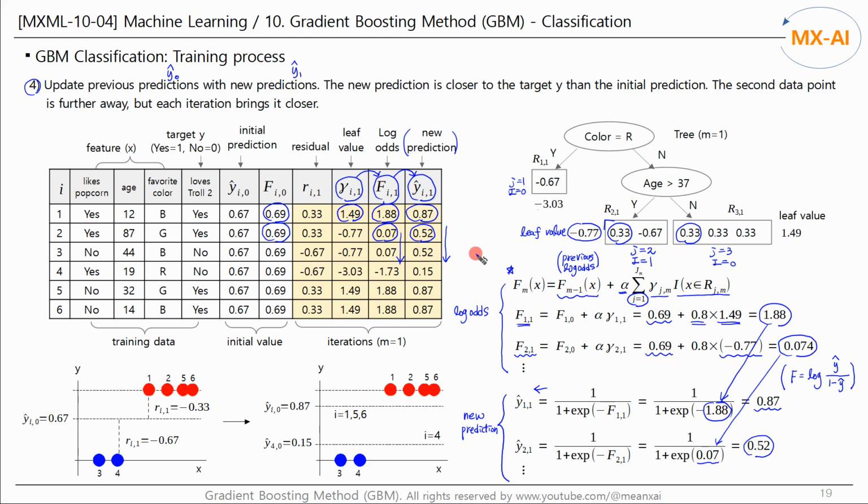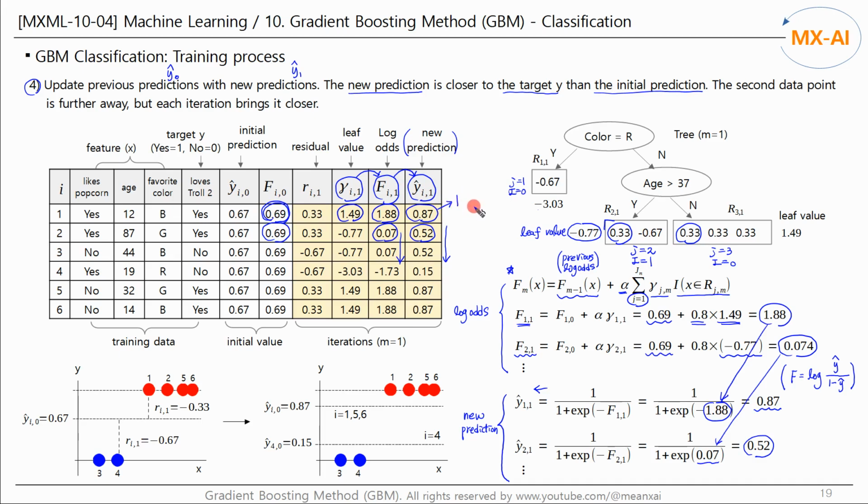The new prediction will then be closer to the actual target y. The new y hat for the first data point is 0.87, which is closer to 1 than the initial prediction of 0.67.